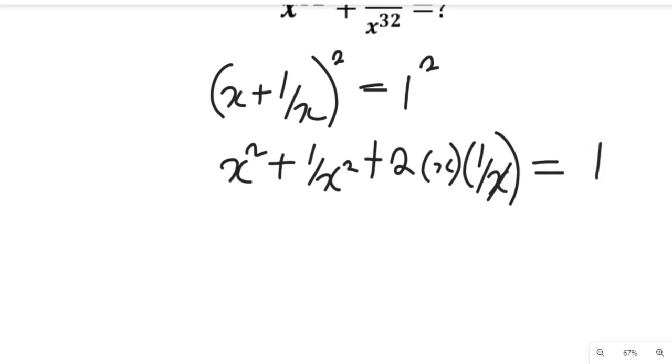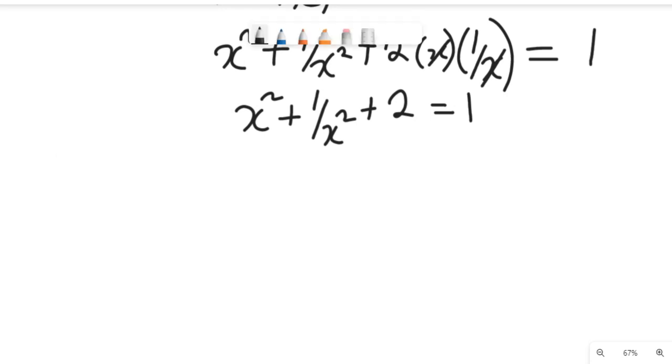So in this instance, this will clear this, and then we'll be left with x squared plus 1 divided by x squared plus 2 to be equal to 1. Now, the next thing we want to do is to clear the fraction x squared, and to clear the fraction we need to multiply through by the value of x squared.